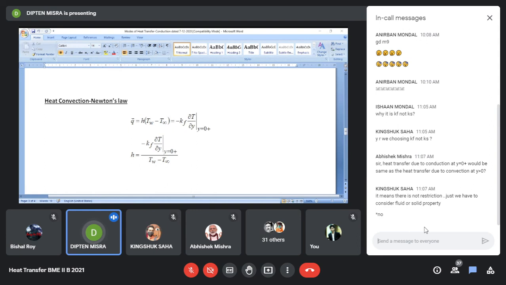When you talk of convection, if we know the surface temperature, then to identify the boundary at that surface is convenient for me. If I take a boundary not at the surface, but at some distance away from the surface inside the fluid, we do not know what the temperature is there. We do not know what the gradient is there.